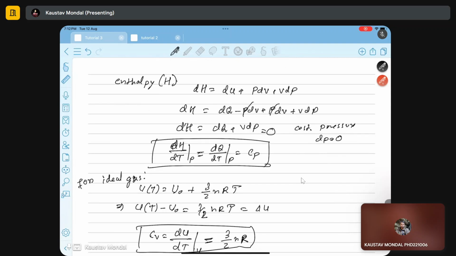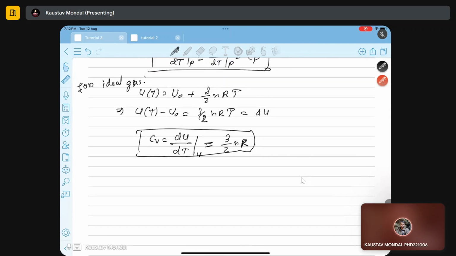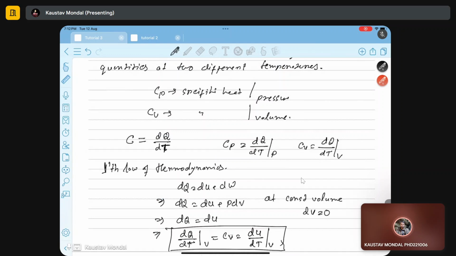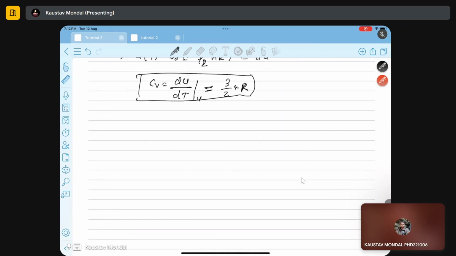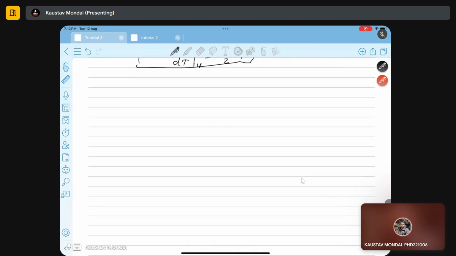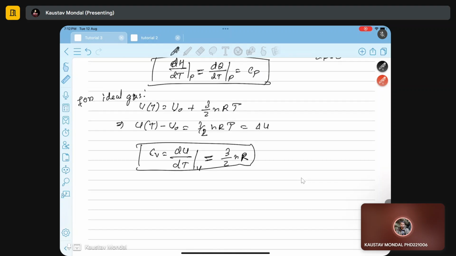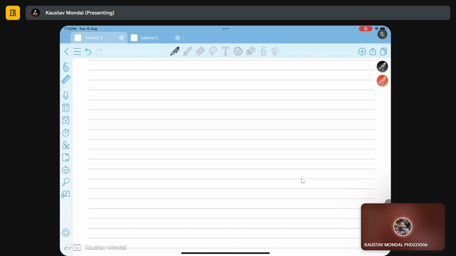So now, the next thing that I want to do. The specific heat concept we have now known. Now after that, we will do one of the important concepts in any kind of statistical mechanics or even in any branch of physics.